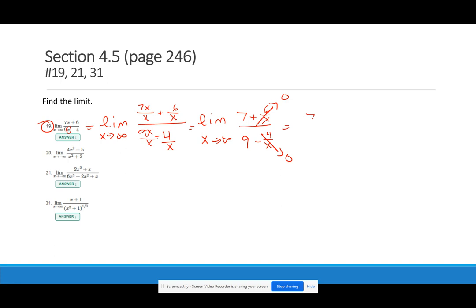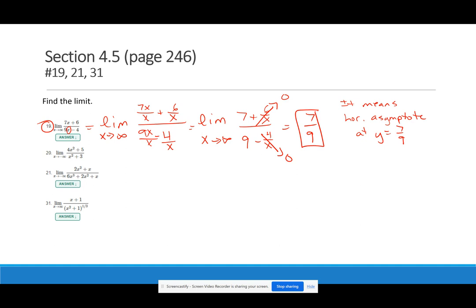And we're left with just 7/9. That would be your answer to 19 that way. But when we used it for curve sketching, it means that you're going to have a horizontal asymptote at y equals 7/9. The end behavior was 7/9, meaning the function approaches y equals 7/9.